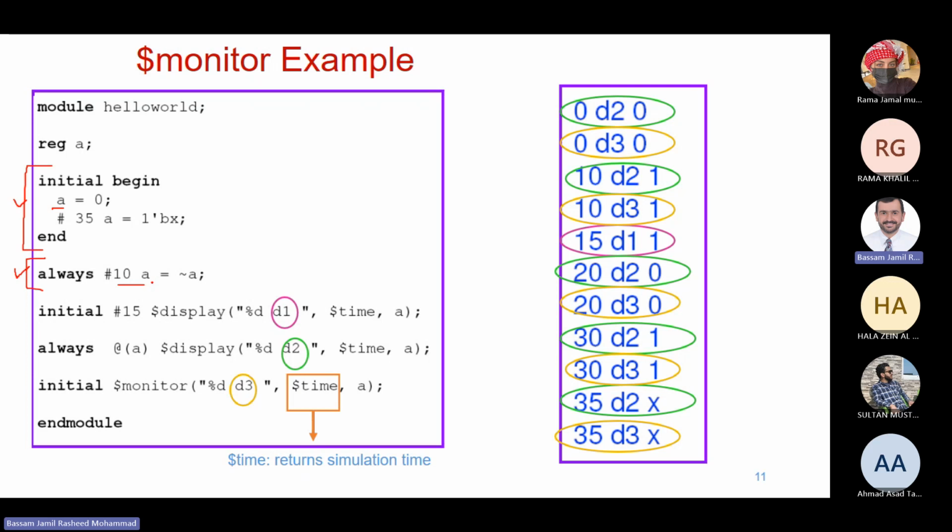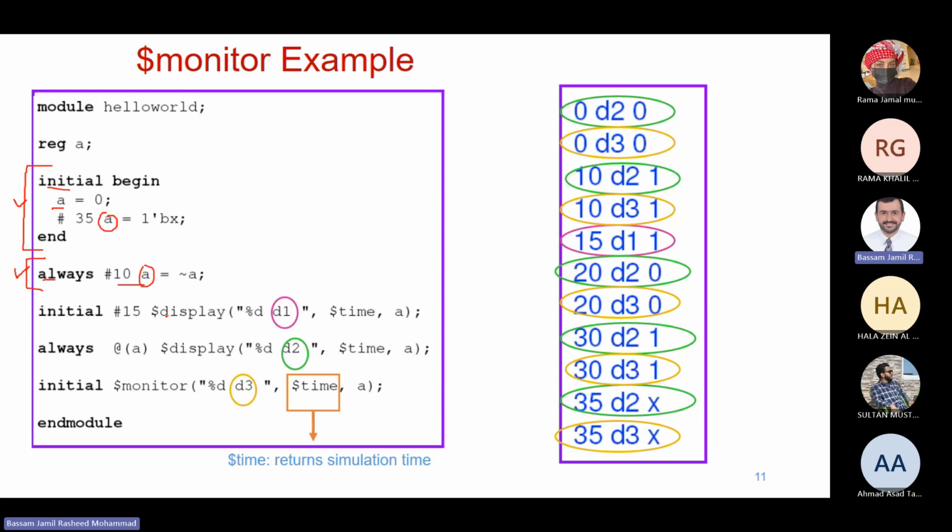When you have multiple blocks like initial or always, don't have the same variable, in this case A, being modified or assigned to by different blocks. That's a very bad coding style, and it is almost certain that it will create problems for you.